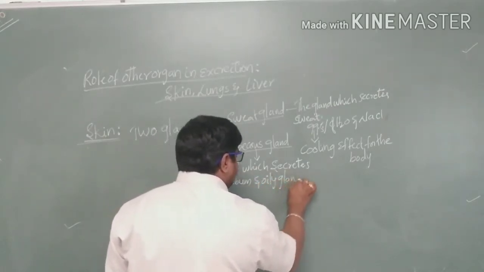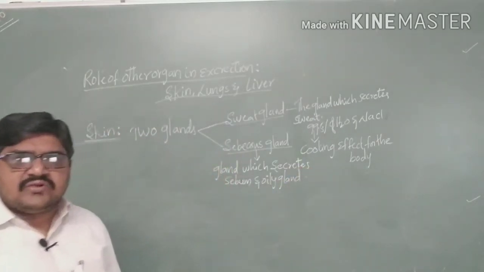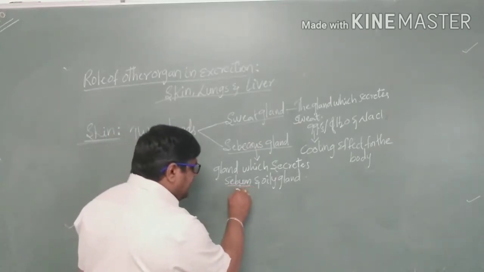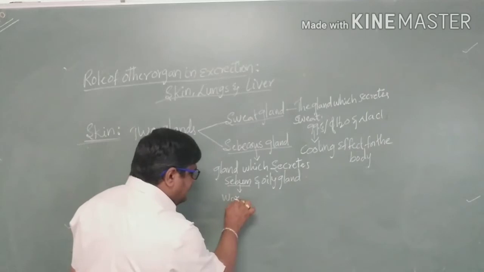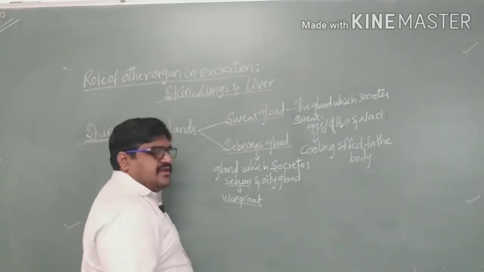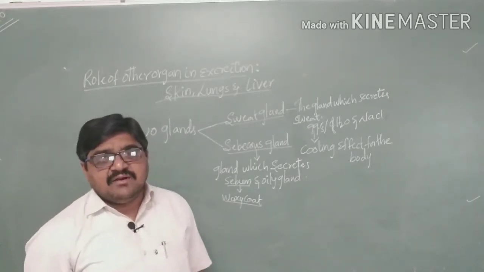The glands secrete oily sebum, which is a waxy coated substance. That waxy coated material which is secreted, we call sebum.